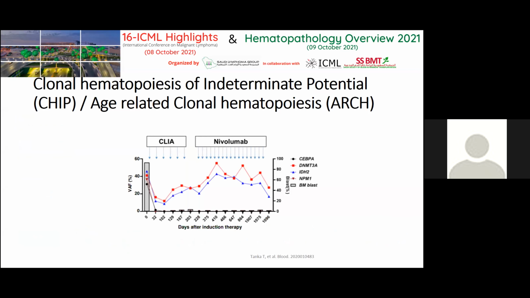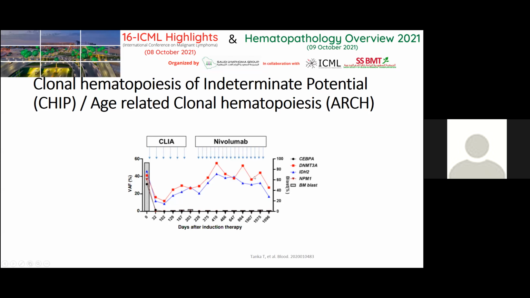So let's look at an example to explain more. So this is one patient that was treated with chemotherapy. As you can see, at the diagnosis, these are the variant allelic frequencies of the various mutations, and on the right side of this graph, you have the blast count.